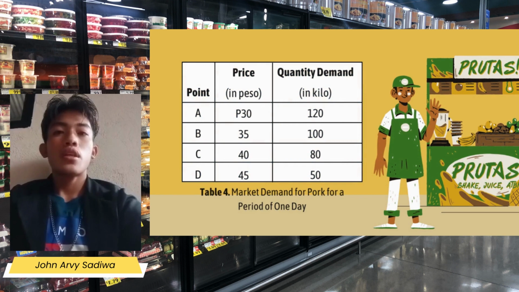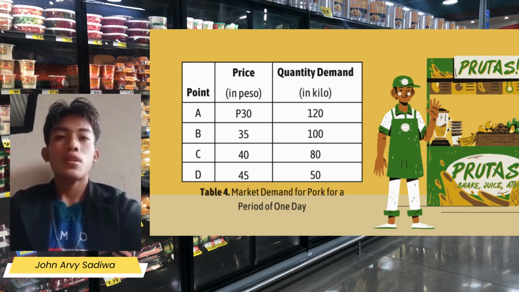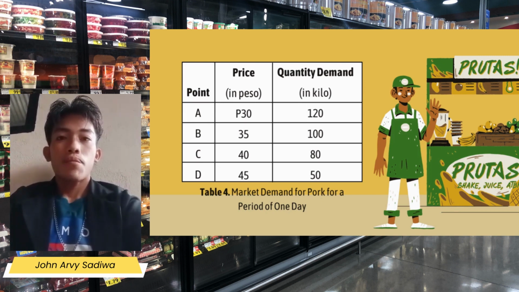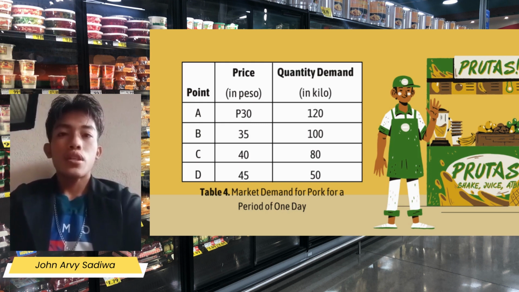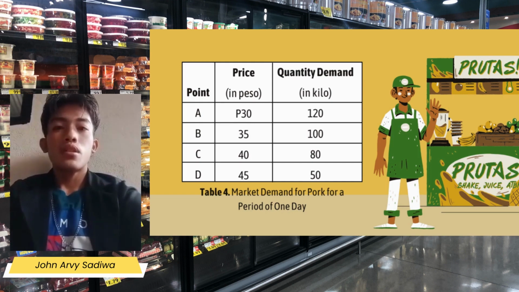So at point A, the price is 30 pesos and the demand is 120 kilos. At point B, the price is 35 and the demand becomes 100 kilos. Point C is 40, then 80 kilos, and point D is 45, then the demand is 50 kilos.